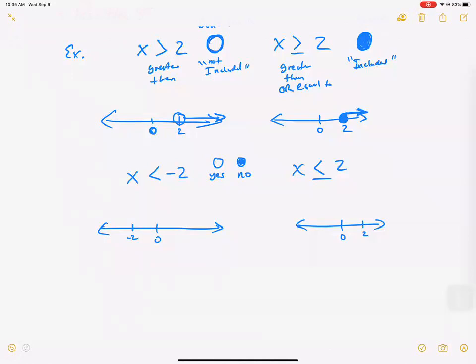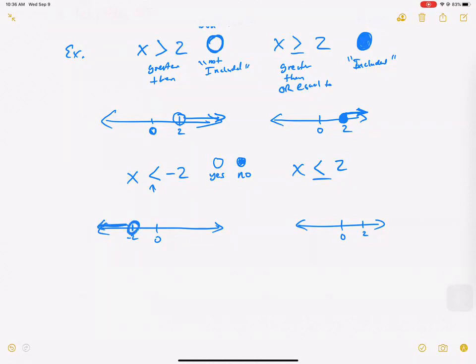About half of you, maybe a third of you, are pretty sure about this. Let me clear that. So ask yourself, is this less than or equal to or just less than? If it's just less than, you're not allowed to be on -2. You're not allowed to be here. You leave it hollow. So get close to it, but do not touch.